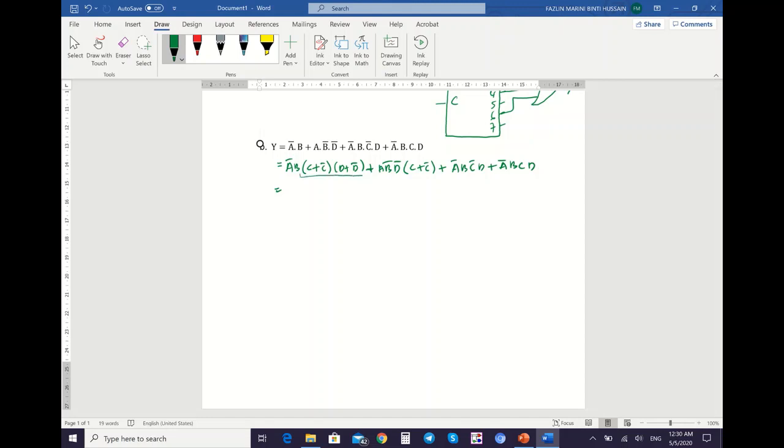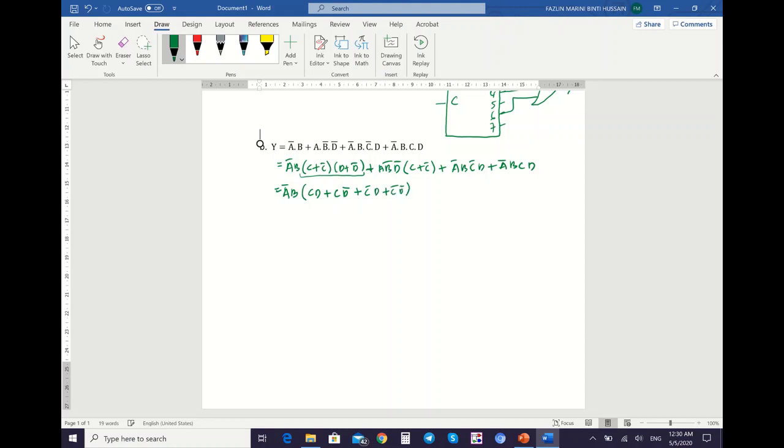So just copy the A bar and B. When I multiply between these two terms, you will get C D plus C D bar. You need to multiply each variable for both values in the brackets. So plus C bar D, plus C D bar.